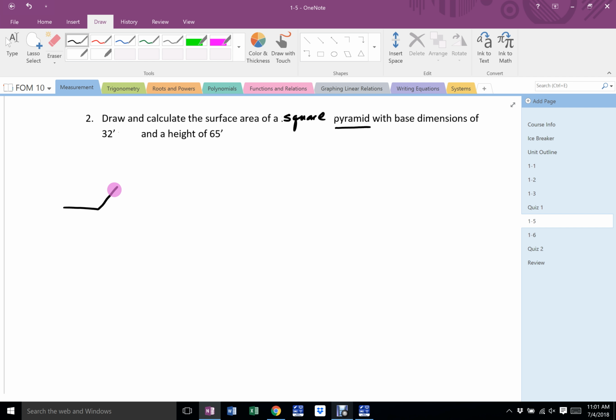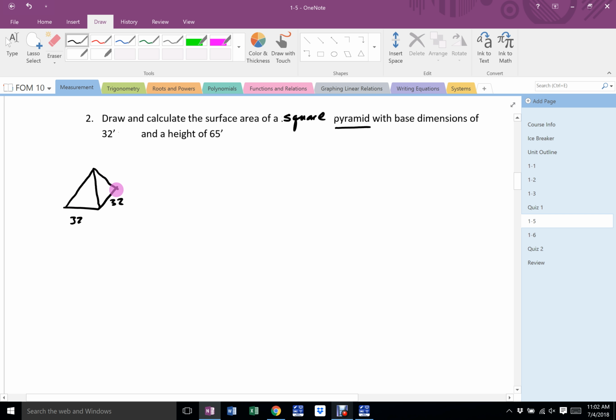No. The base is the shape that we start from. Since it's a square, what do I know about this distance and this distance? They are the same, 32 and 32, right? Everybody good? Okay. And we know that a pyramid comes up to a point.